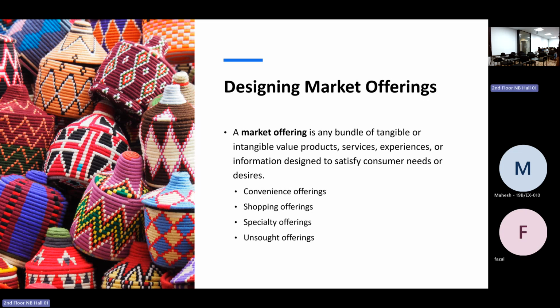In shopping offerings, high-priced products, which will be compared before buying.